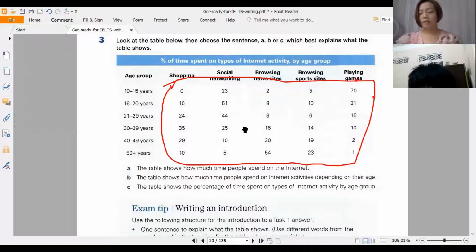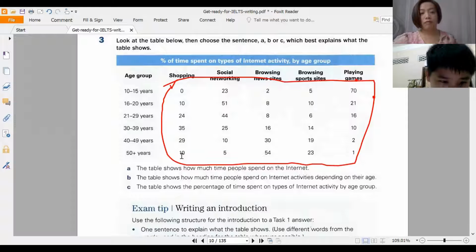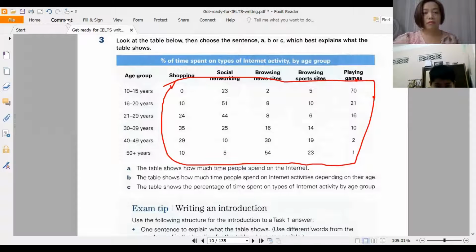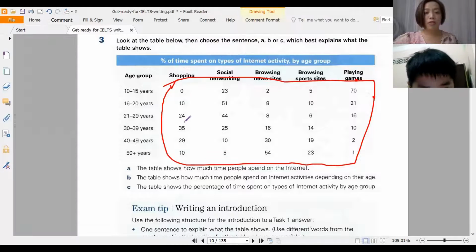Okay, let me help. Now look, we don't care about the age group first. We just have a look at the shopping categories. What's the biggest number? It is 35. Very good. 35, right? Yeah. Next one, social networking, which is the largest?